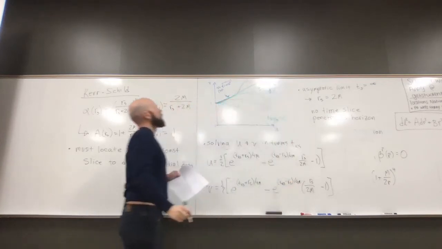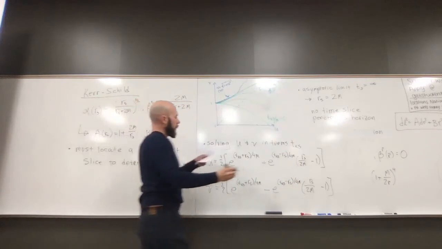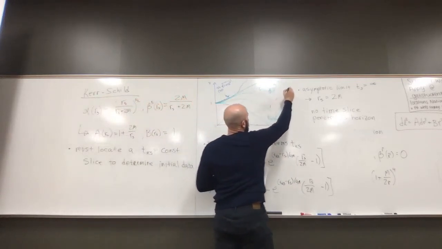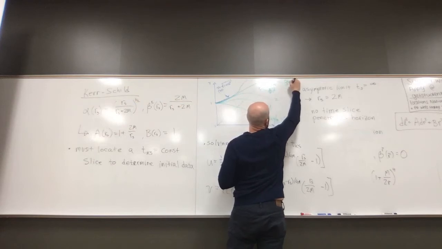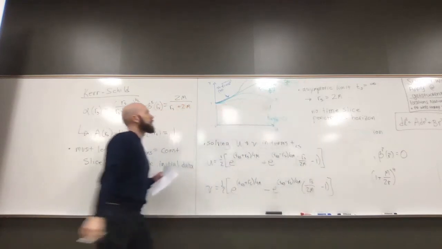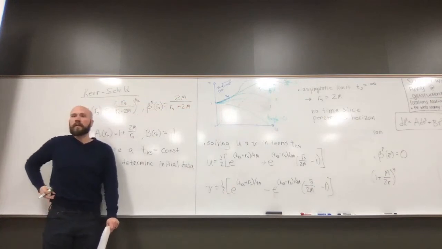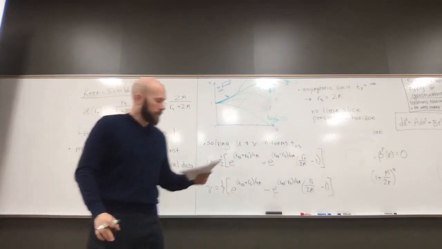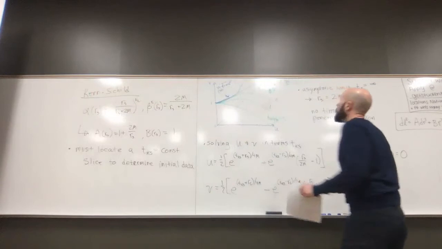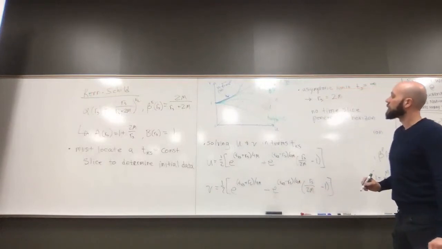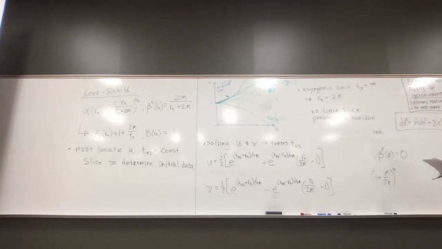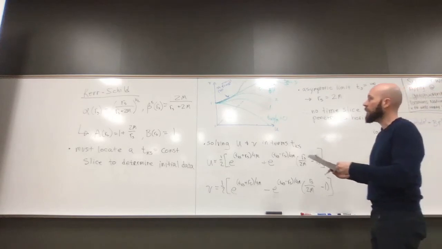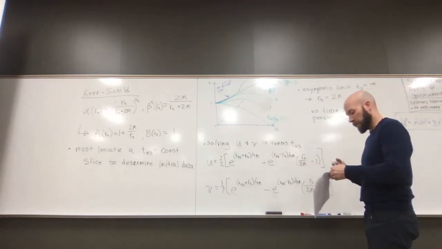Each one of them getting asymptotically closer to, and I'll just write it up here again, T over M, each one of them getting closer to just being entirely inside the singularity. Like that. And that's just this expression in that plane. So those are pure Kerr-Shield coordinates.